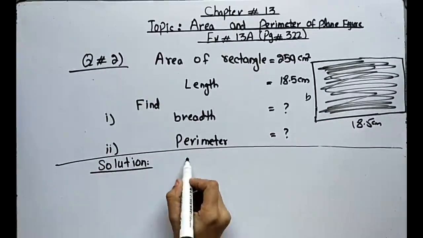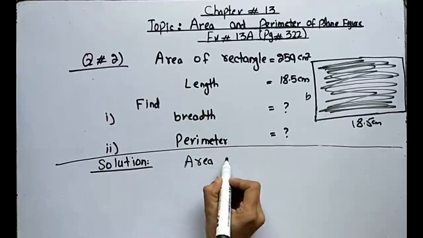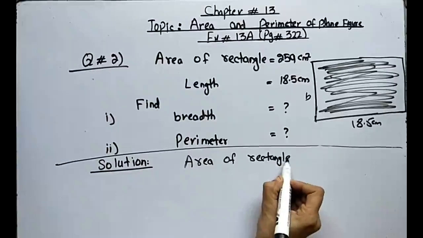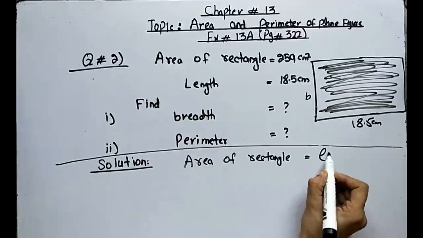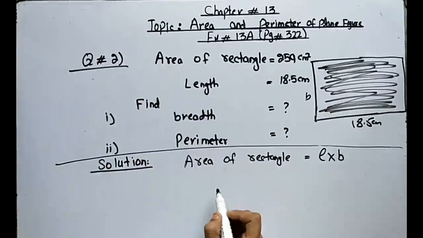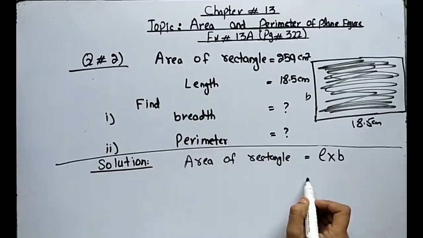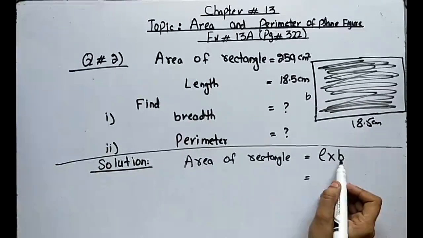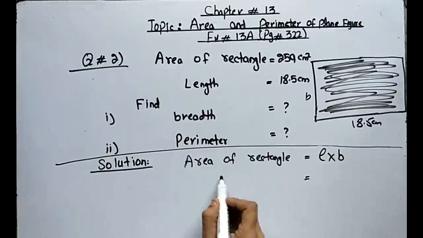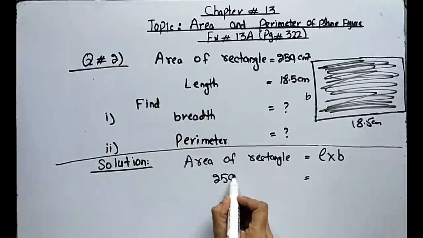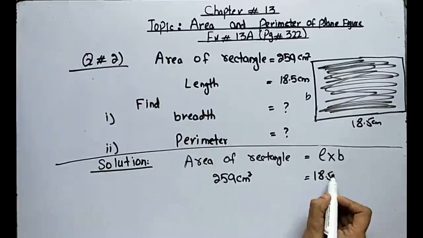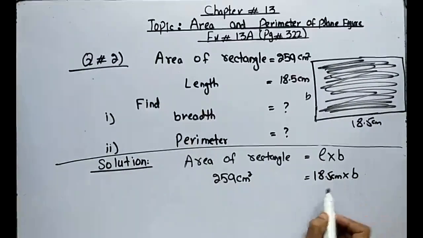So first we will write the area formula. Area of rectangle is equal to length multiply breadth. Do you remember? Area of rectangle means length multiply breadth. So length is given and area of rectangle is given, so we can find B. Put the value of area of rectangle, 259 centimeter square, and then length 18.5 centimeter multiply breadth.